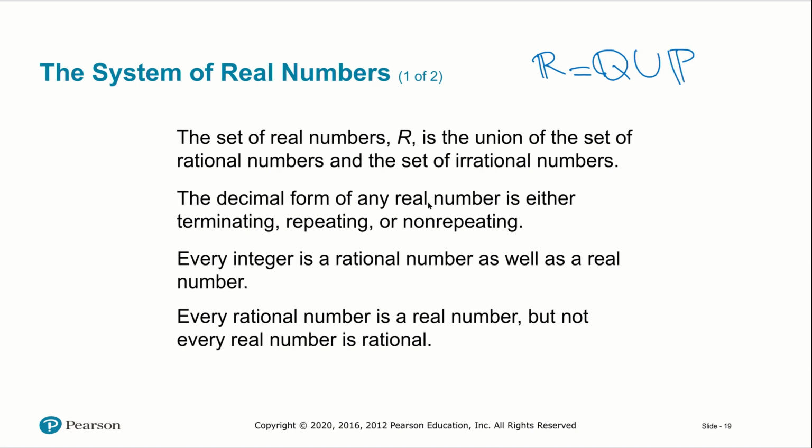The decimal form of any real number is either terminating, repeating, or non-repeating. Every integer is a rational number as well as a real number. We know that every rational number is a real number, but not every real number is rational, because as we know, some real numbers are irrational now that we understand things better.